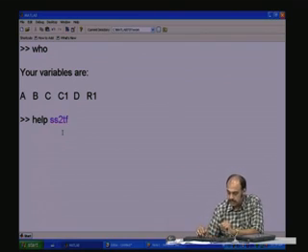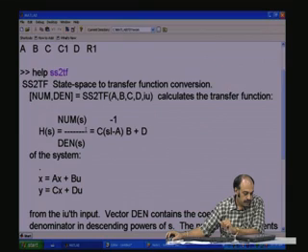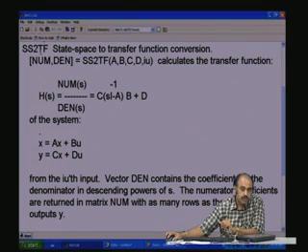So, you get the syntax of the particular function command. So, what does it say? State space to TF, state space to transfer function conversion. The output is the numerator polynomial and denominator polynomial, equal to the SS to TF function, for which the parameters that you are inputting are A, B, C, D and initial conditions. And for the transfer function which we are trying to calculate, we are going to give initial condition 0.